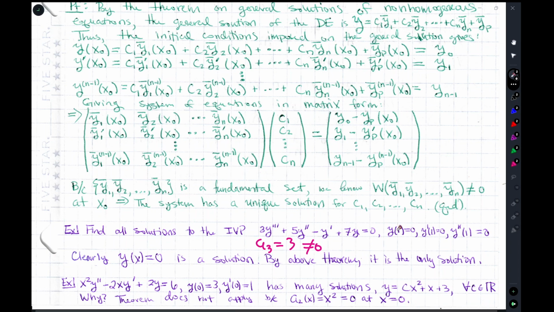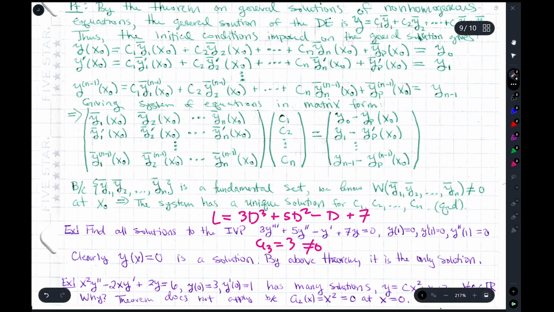This is linear, clearly. The operator L would look like this. So it is a linear differential equation. And once we found one solution, we found all of them. It's the only solution. We're guaranteed that this solution must be unique.